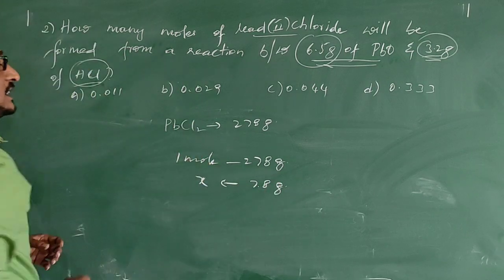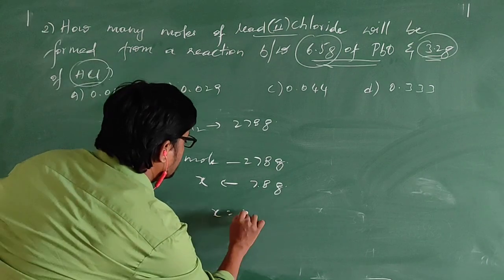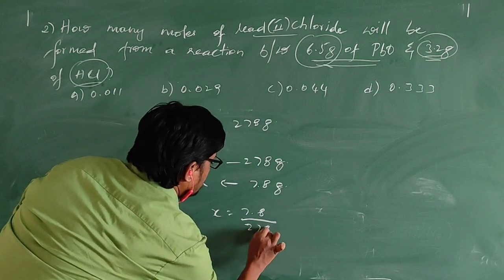How many moles does it represent? Let us take that as X. Cross multiply. X is equal to 7.8 by 278.